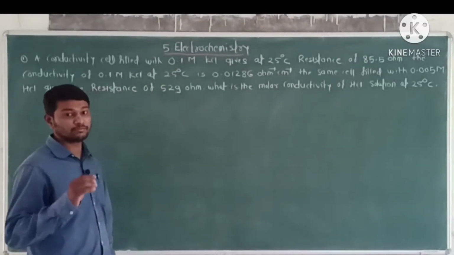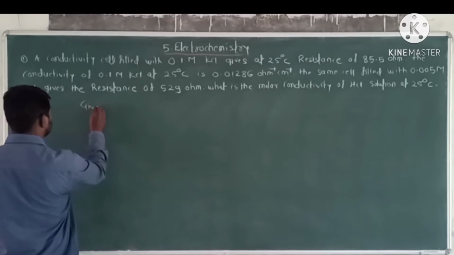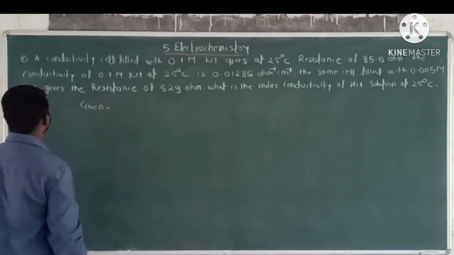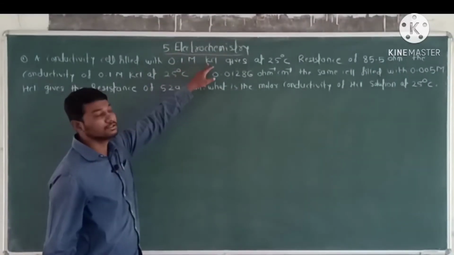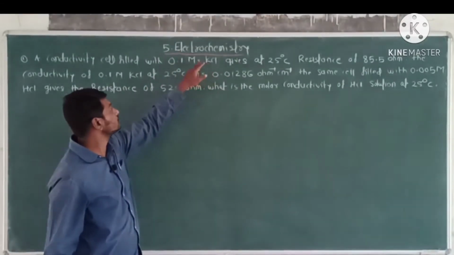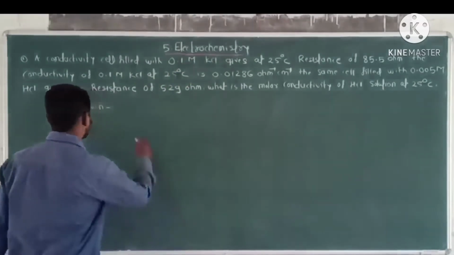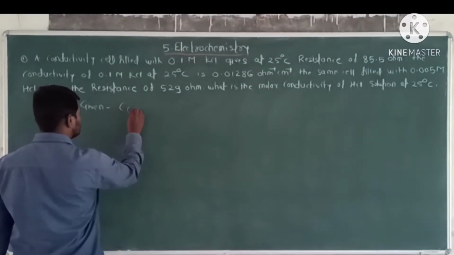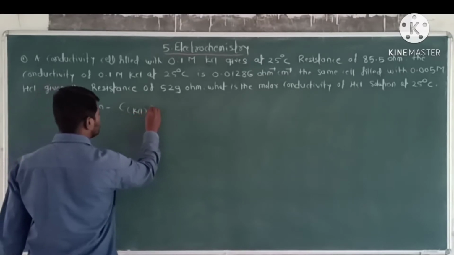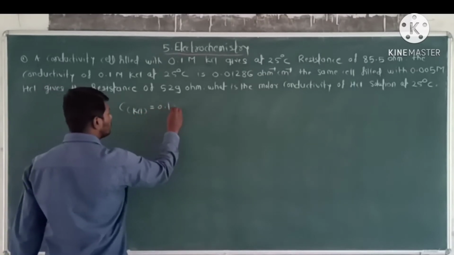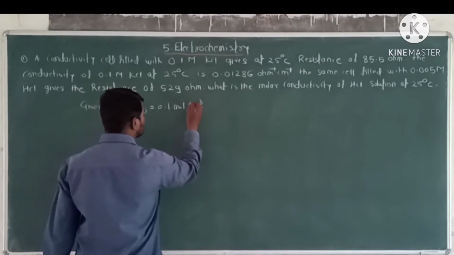Now, first of all, write down the given quantities. Given: a conductivity cell filled with 0.1 molar KCl, that is, the concentration of KCl is 0.1 mole per centimeter cube.